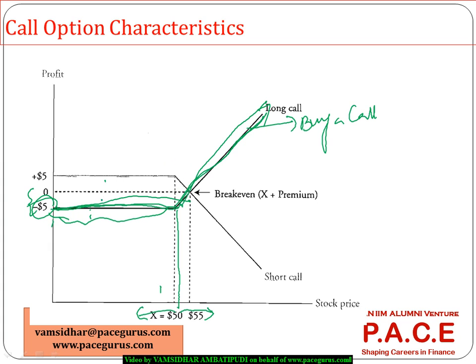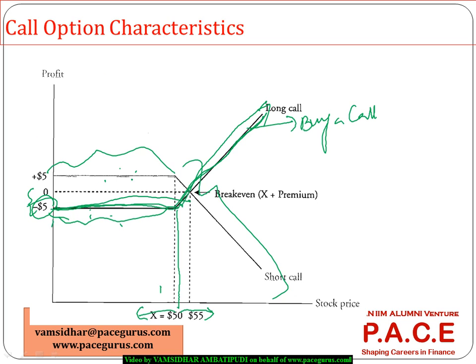Similarly, for a seller of a call, it's the opposite position. For him, the maximum gain will be $5, but there is a possibility that he can lose an unlimited amount. For a short position, obviously he is taking a premium on day 0 itself to give some kind of an option to the other party.